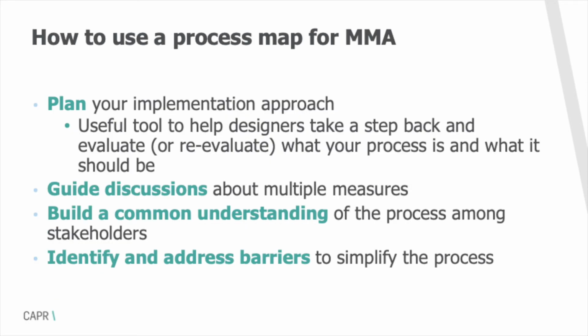Once you have a comprehensive representation of your current placement process, you can use it to plan your approach to implementing multiple measures, to guide discussions about placement, to establish a common understanding of your process among stakeholders, and to identify barriers that need to be addressed in order to simplify or improve your placement process.